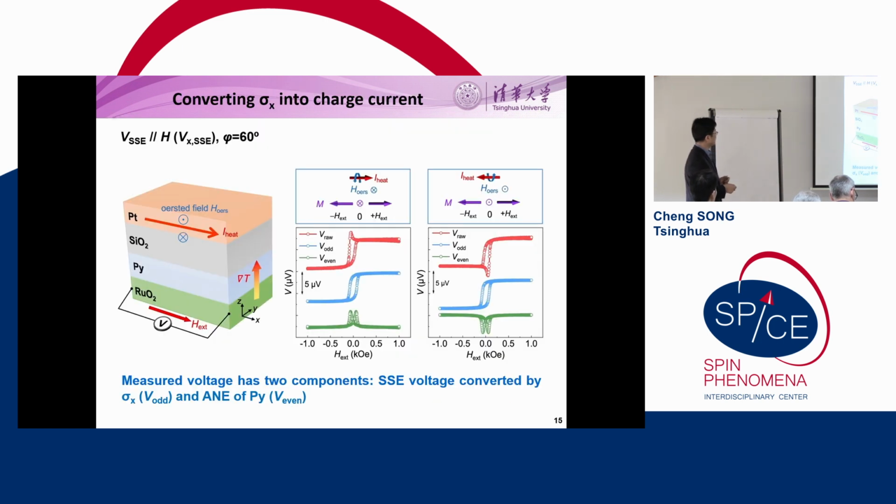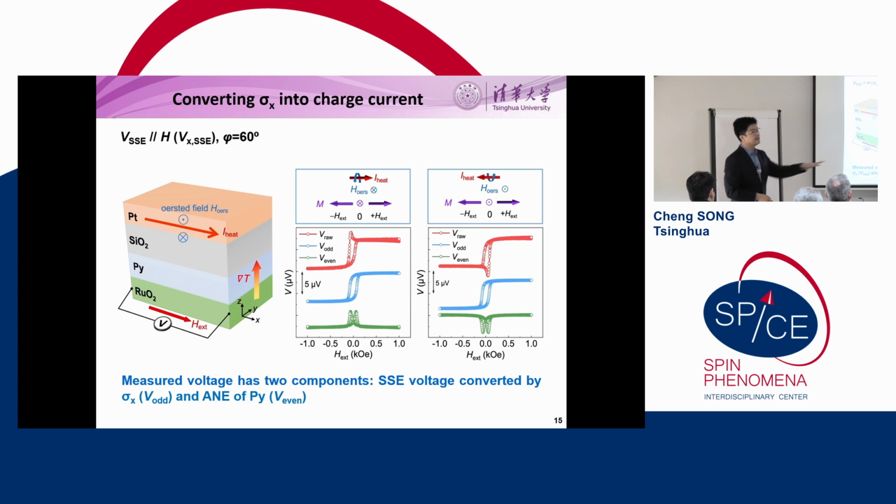Then we measure one typical device when the angle is 60 degrees. The raw data is like this. It has an odd signal and also an even signal. The odd signal is from the inverse spin splitting effect. The even signal is from the anomalous Hall effect of the permalloy.